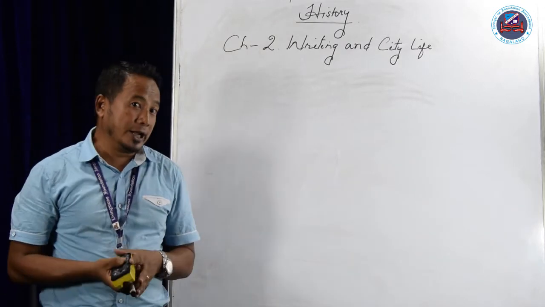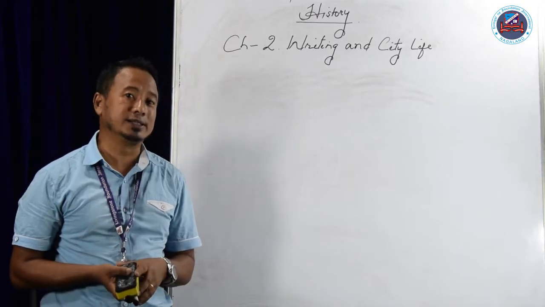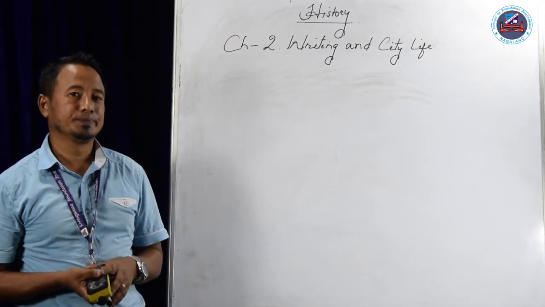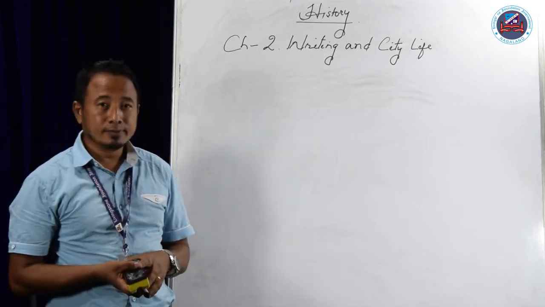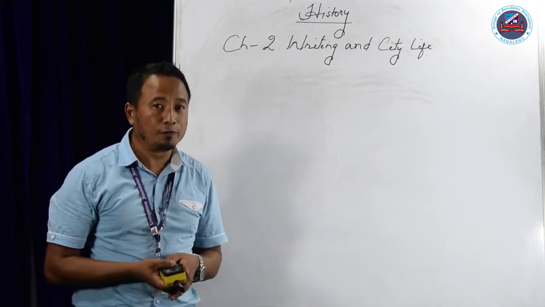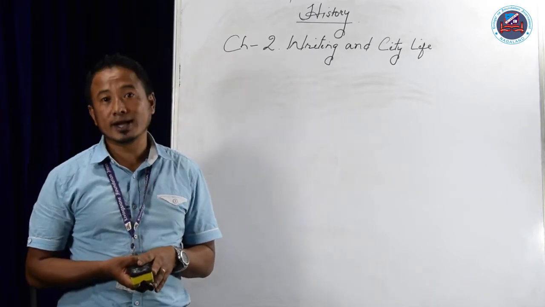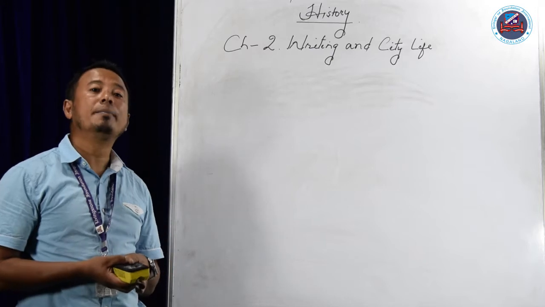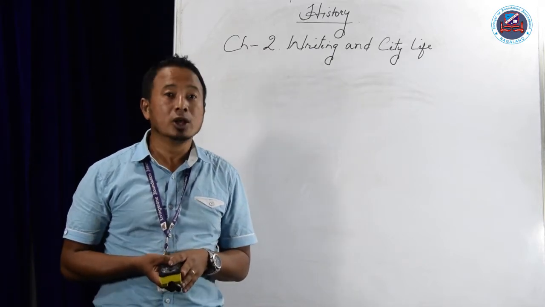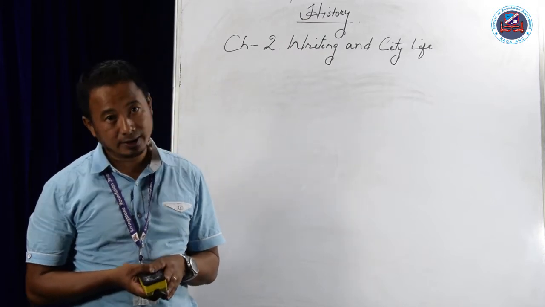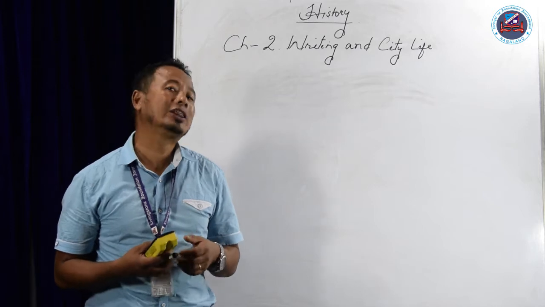It was believed that writing first started in the city. Why so? Because city life involved a lot of dealings and transactions. So it became impossible for the people to remember everything. So the society felt the need of keeping a record of all this happening.